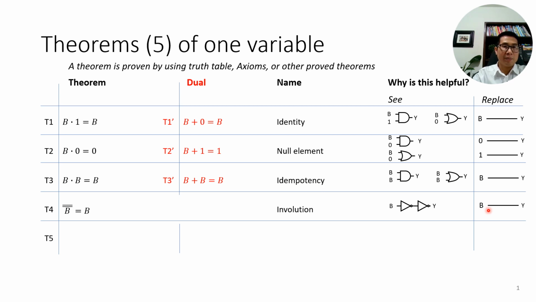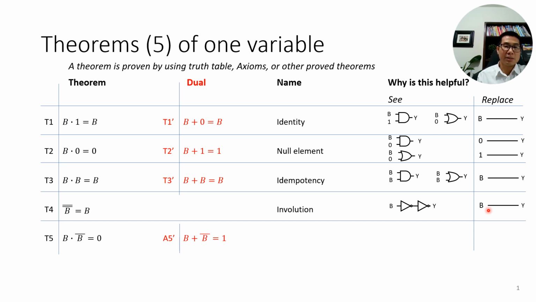Now the next one is T5. You're going to have B and not B is 0. We cannot have B and not B appear at the same time, so it is going to be false. The next one is its dual form. Again, convert the dot into the plus and 1 into 0, or 0 into 1.